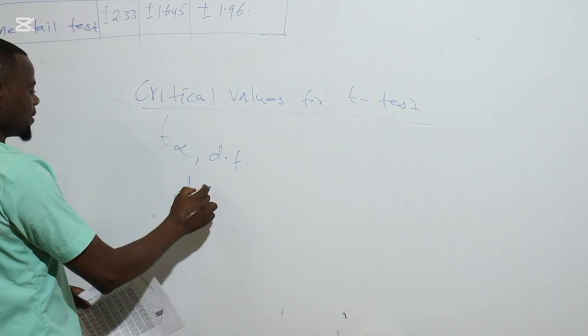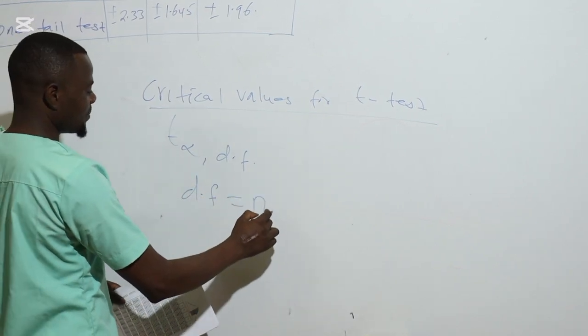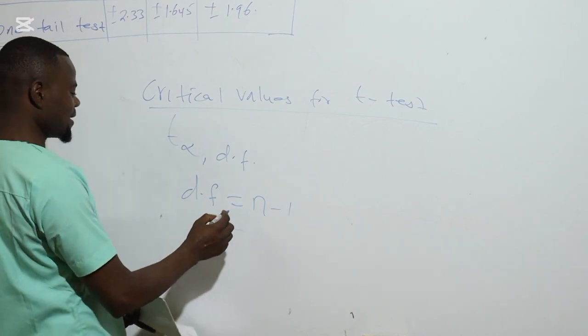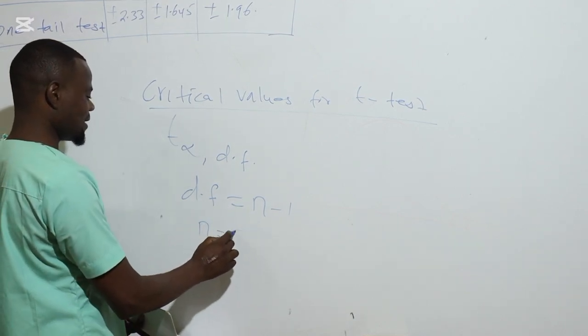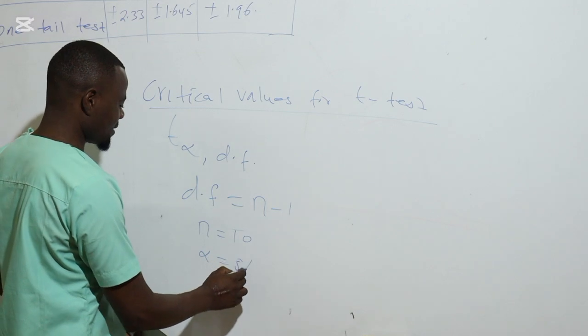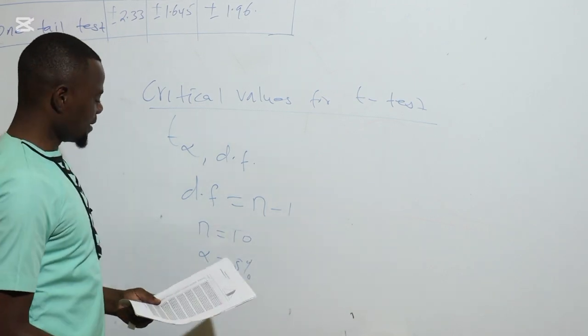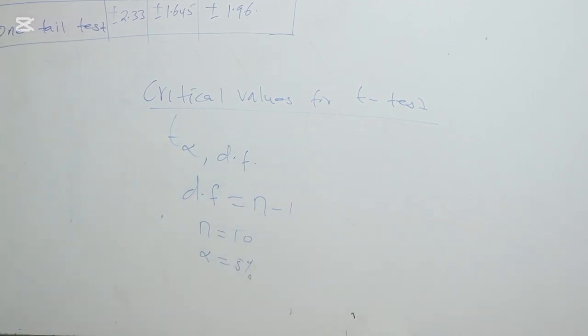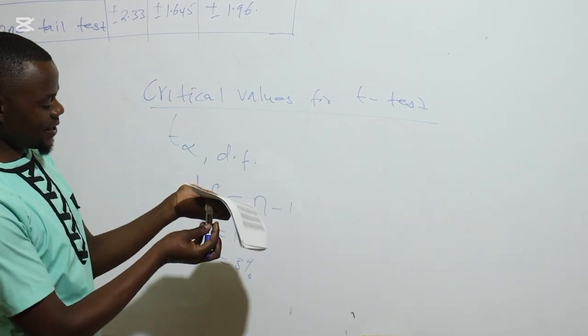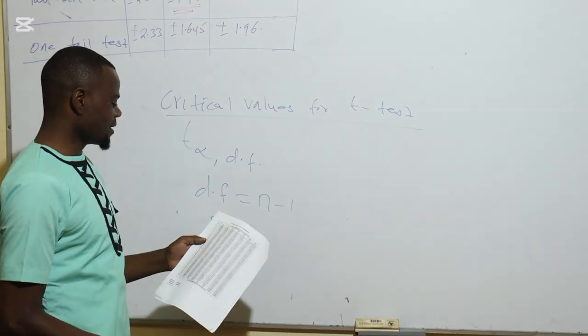The degrees of freedom, that is the df, is always n minus 1. So let's say the sample size is 10 and alpha is given to be 5%, then this is your t-table. The t-table looks like this one. It is everywhere, it is online, you can look at it.